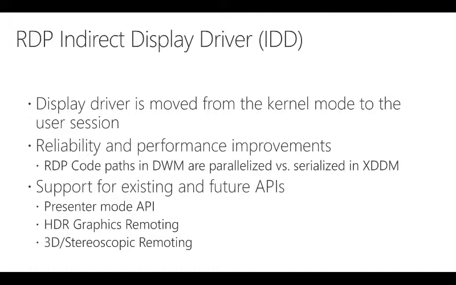We are improving the performance, and with just switching to the newer graphics model, we are able to render almost twice more frames per second when we are deprecating the legacy XDDM driver.